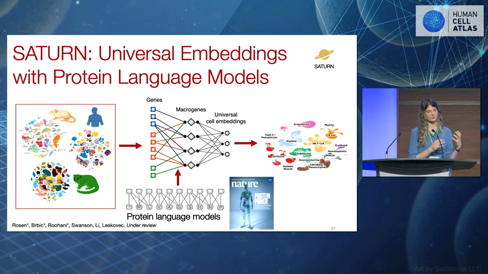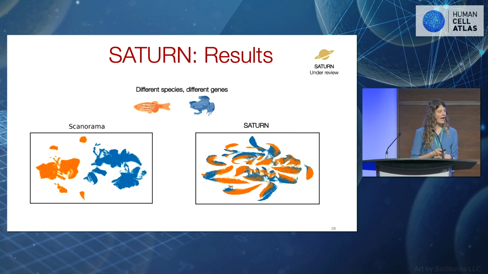And this allows us to integrate and overcome this heterogeneity of data sets across different species, and the assignment of genes to macrogenes is modeling the similarity of protein embeddings of individual genes. And this is an example of applying Saturn to frog and zebrafish data sets. So this comes on the left. You can see what happens when you try to integrate these data sets using standard batch integration methods.